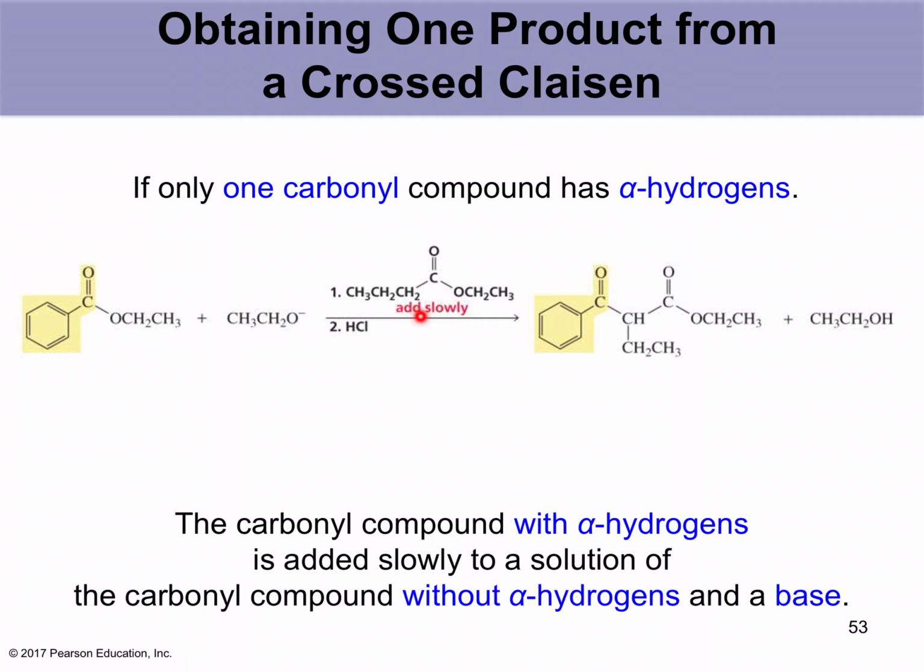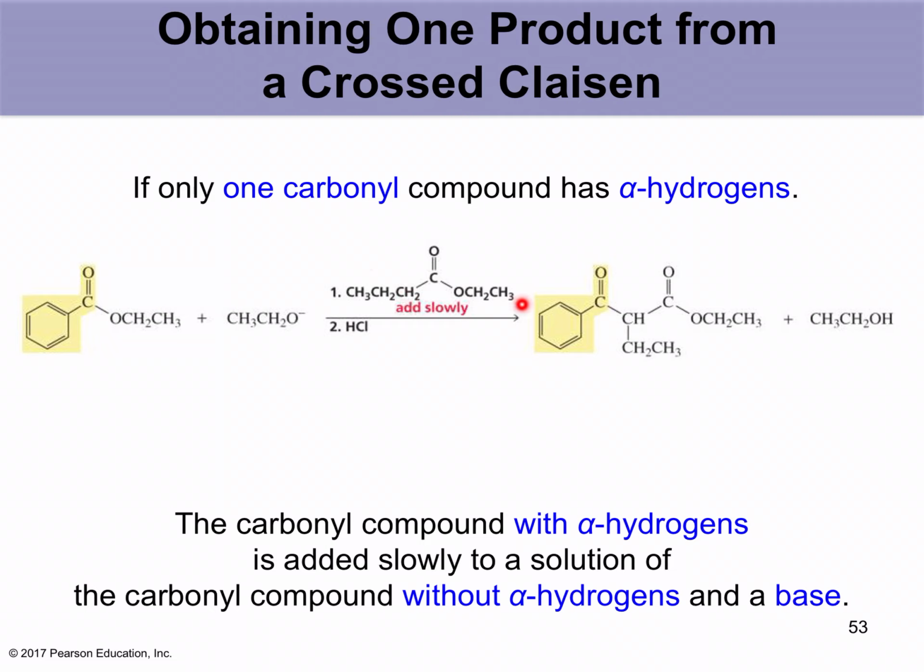So when you're adding slowly, this is going to go and deprotonate one of these alpha hydrogens and form the carbanion. Okay, so once the carbanion is formed, this is going to react with the carbonyl compound of this one, instead of reacting with another molecule of this, because we are adding slowly, we have a lower concentration of this molecule in your reaction mixture, so it needs to go and react with this carbonyl group.